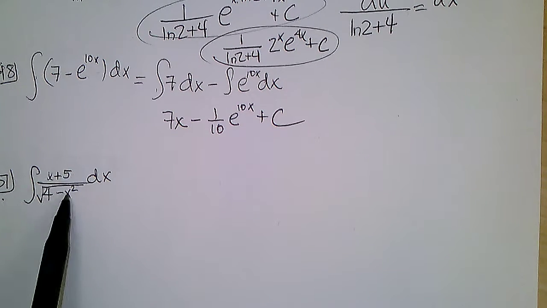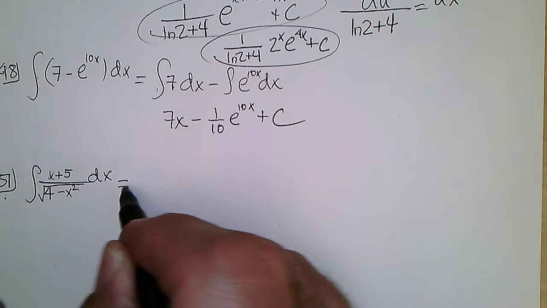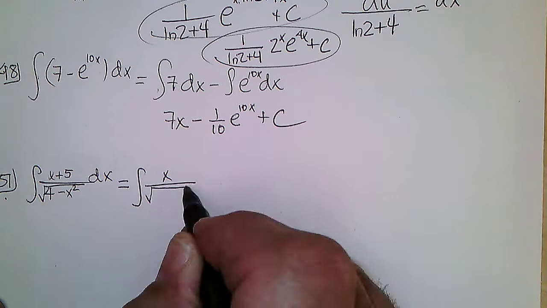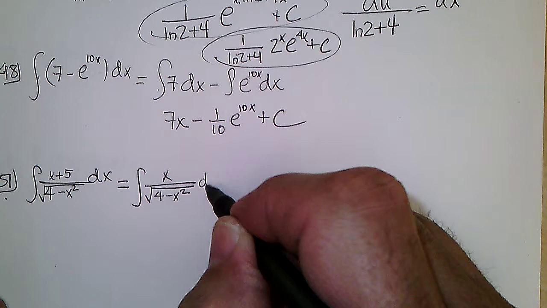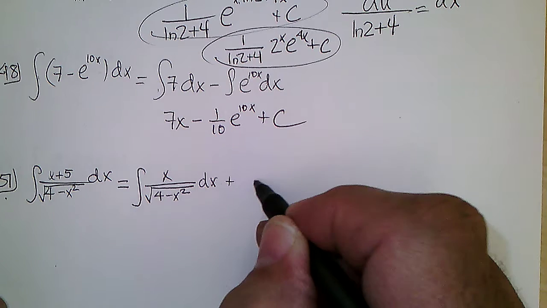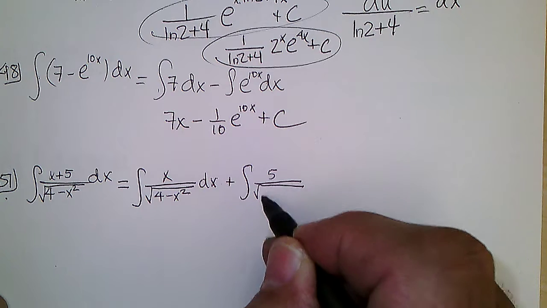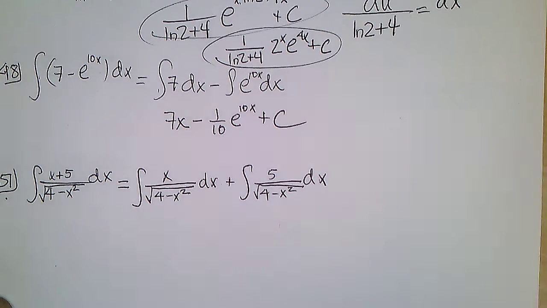This one isn't so easy. We're going to split this one up into the integral of x over square root of 4 minus x squared dx plus the integral of 5 over square root of 4 minus x squared dx.